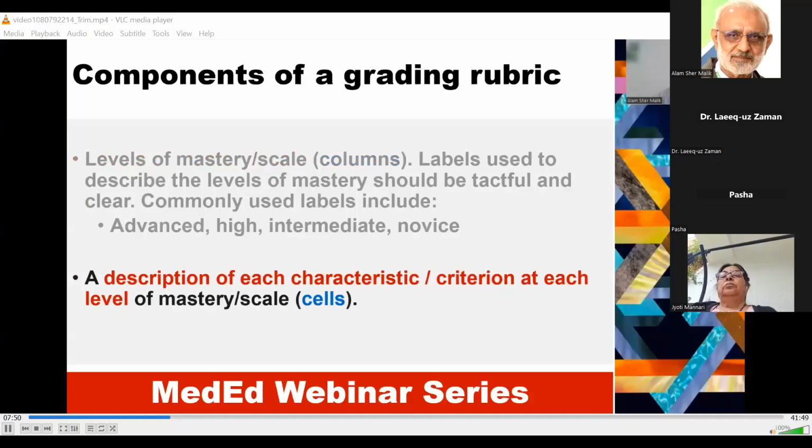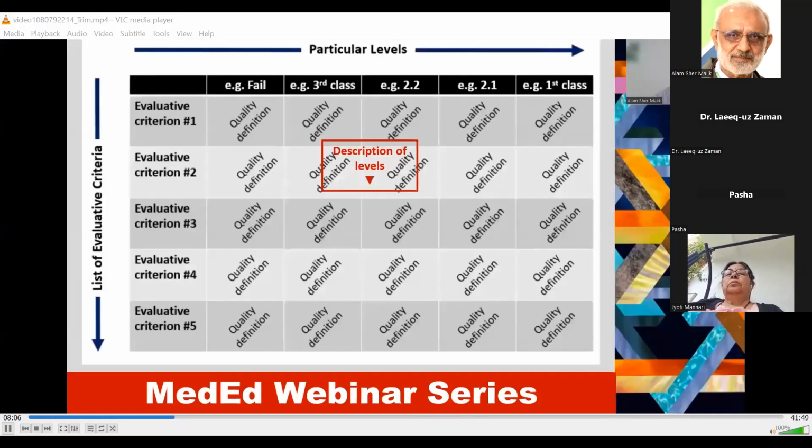And then a description of each characteristic or criterion at each level of mastery, and these are given in the cells and labeled as descriptors. Here is an example. The criteria are given in rows. The levels of achievement are given in the columns, and the descriptors are given in the cells.